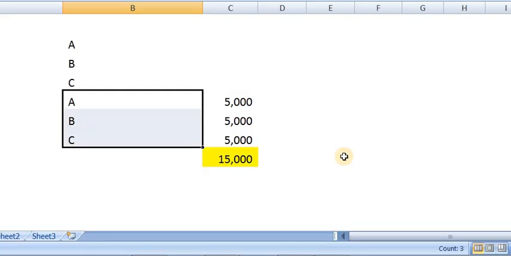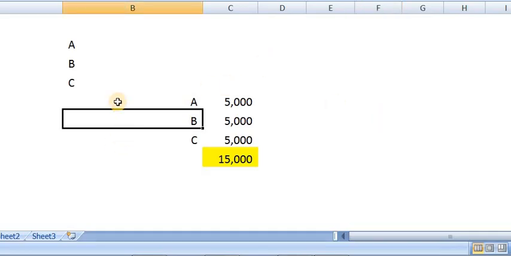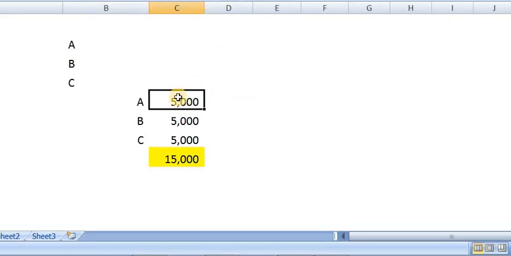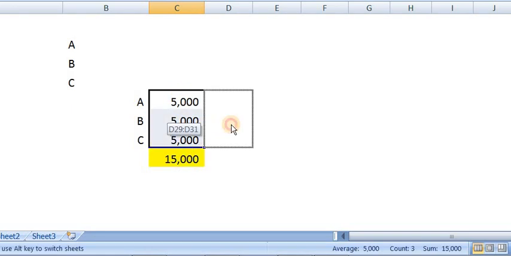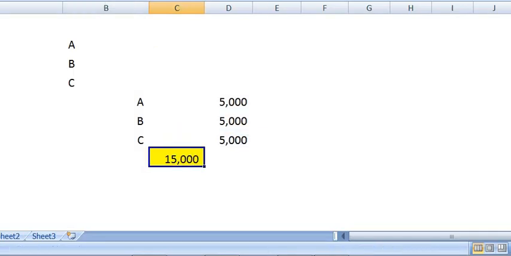I'm making a journal entry first. Let's keep it right aligned.